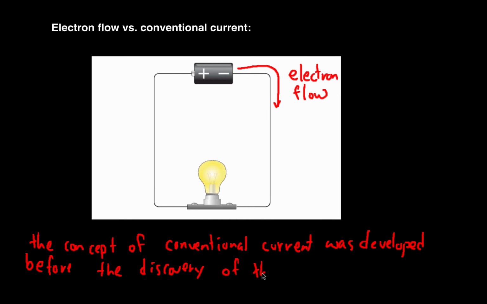Before the electron was discovered, it was thought that positives flowed through wire, and as a result, conventional current is something that flows from the positive to the negative terminal of the wire.